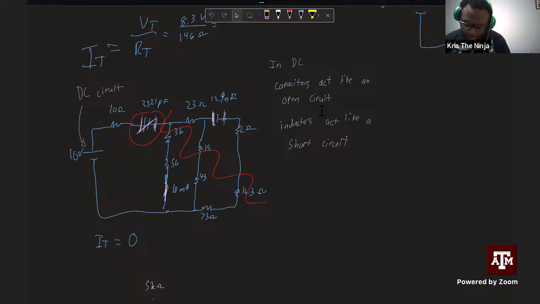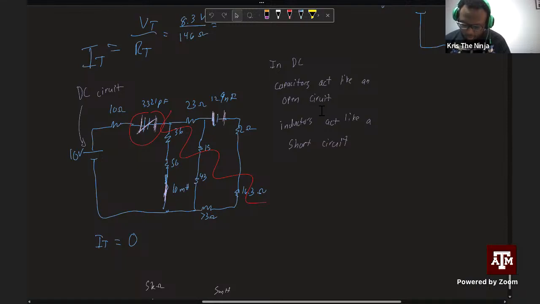We have a capacitor here, and an inductor here, so that's like 5 millihenry.